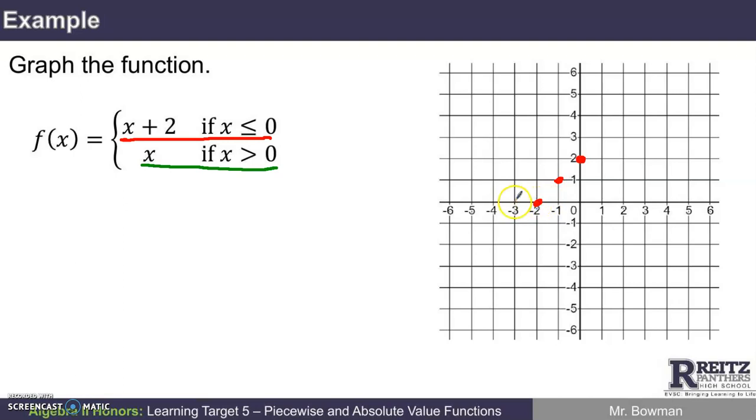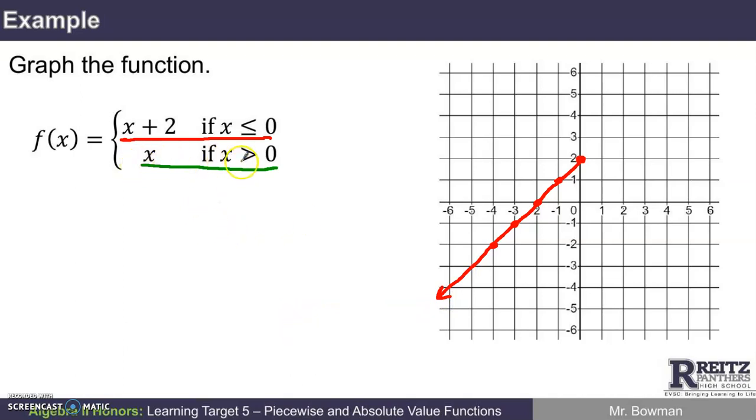If x is negative 3, plus 2 is negative 1. I see what's happening here. I'll do one more. If x is negative 4, plus 2 is negative 2. This half is linear. I know that from looking at the rule as well. So let's go like this. There's half of my graph.